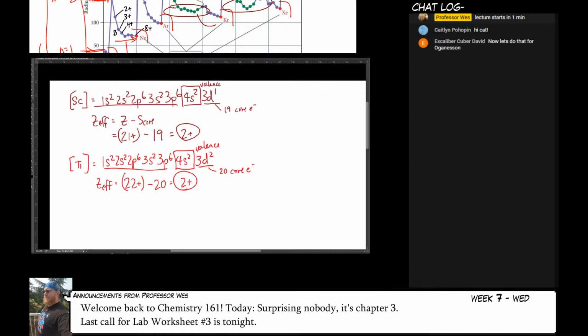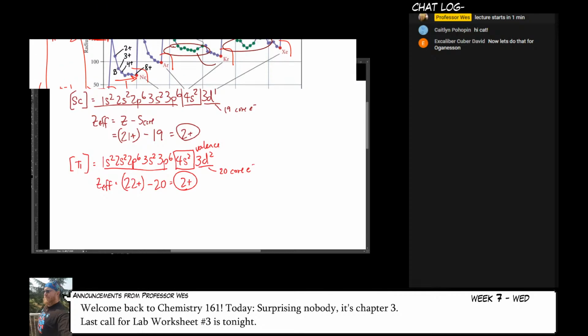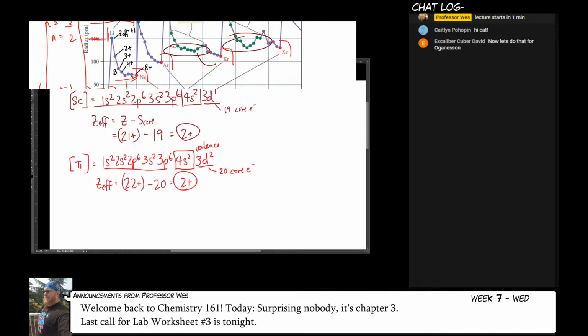And you can see that up above, that as we add more electrons, the atoms tend to decrease in size less and less until they start to reverse that trend. And then we get to group 13, where Z effective increases, and the radius goes back to decreasing rapidly.